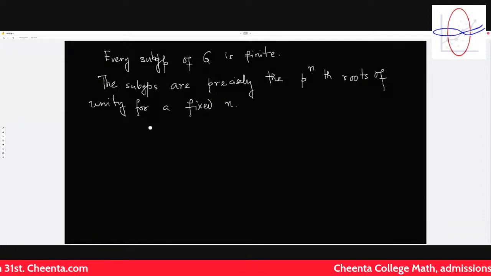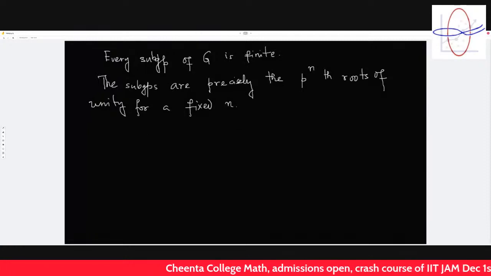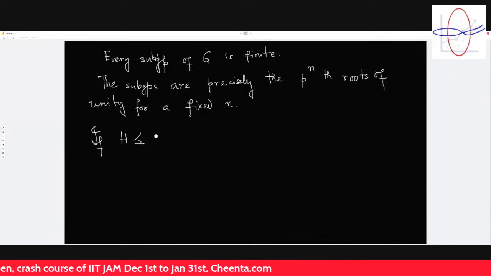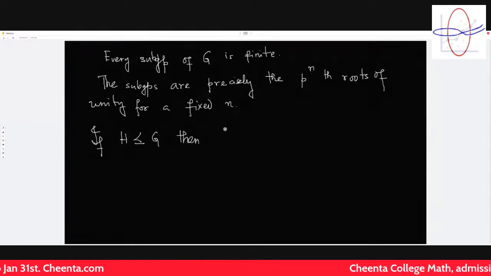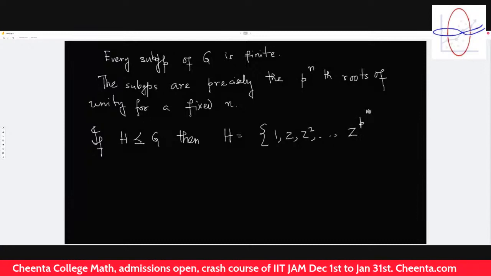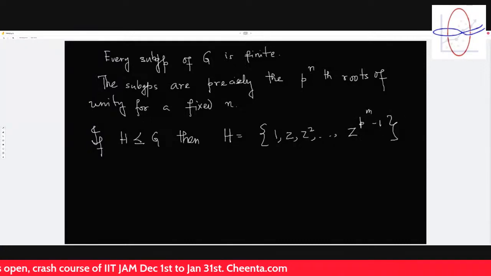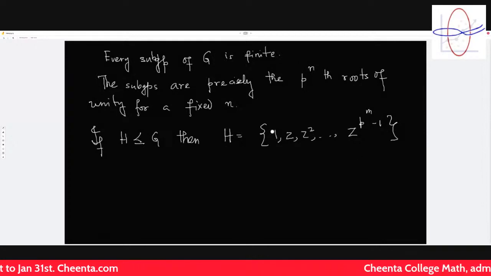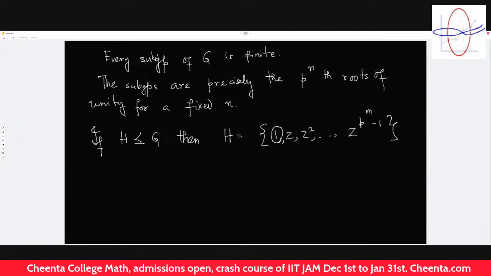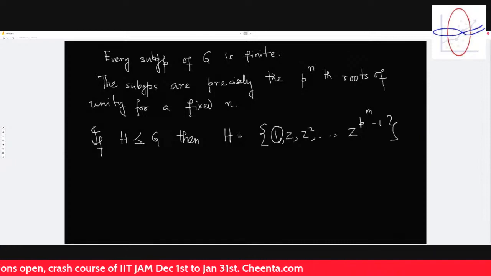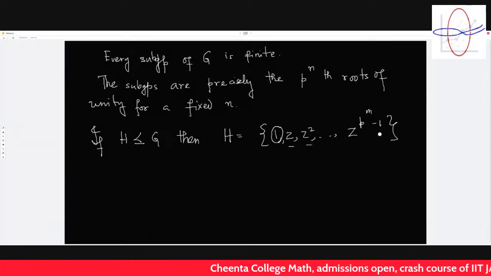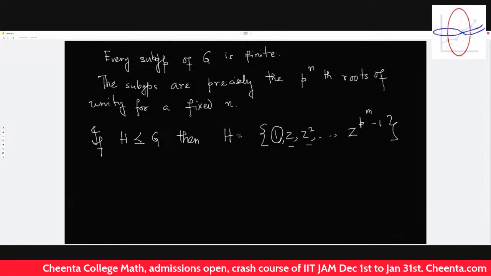If H is a subgroup of G, then H is nothing but of the form 1, z, z square, up until z to the power p to the power m minus 1. The moment you take a subgroup, one has to be there, right? And the existence of inverses will make sure that z square and all these things are there in the subgroup. It's just the basic group theoretic definition, right?